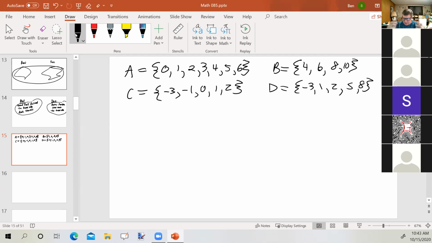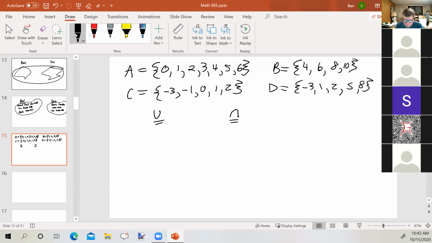Each one of those sets contains the numbers or elements that are between the set of braces. Now, the idea of a union, where you take everything, the symbol for union is a U. The symbol for intersection is an upside down U. So this means union, that means intersection.